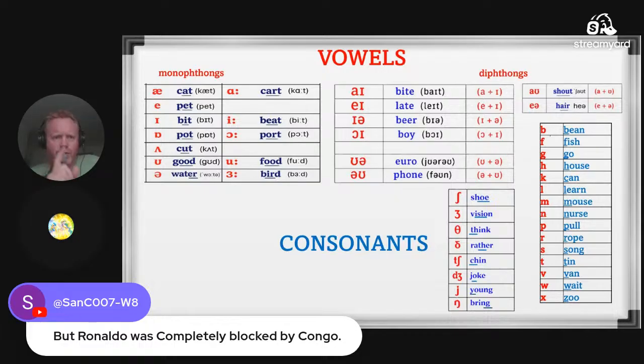Mono means, what does mono mean? One. Yeah, so they are vowels with one sound. Like a monocle, a glass for one eye. Monocycle. Mono means one. Okay, so they're one sound vowels. And diphthongs are mixed vowels. So you stick two vowels together. And actually, there are two kinds of monophthongs. We're going to start with the monophthongs.